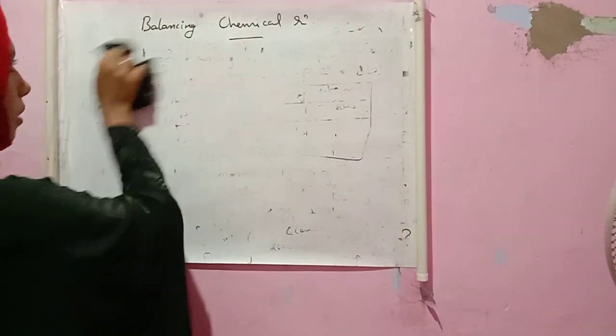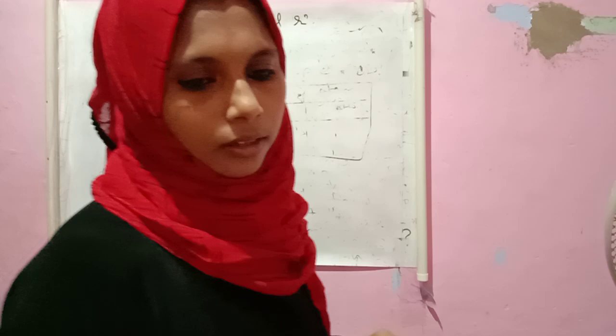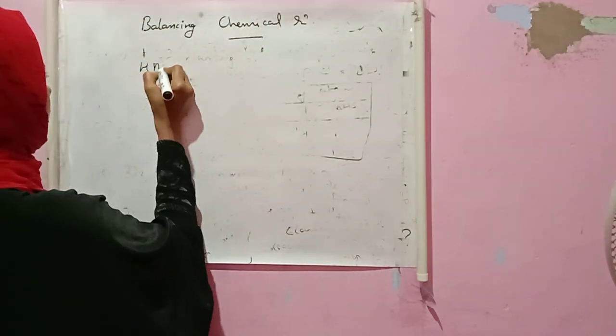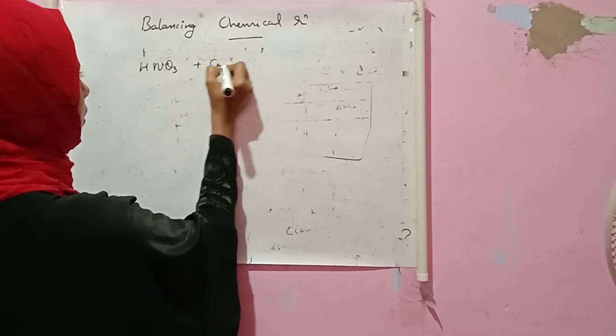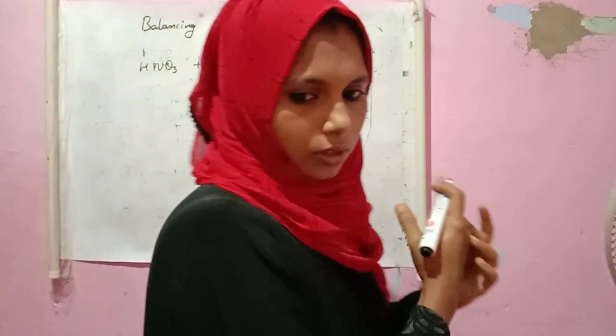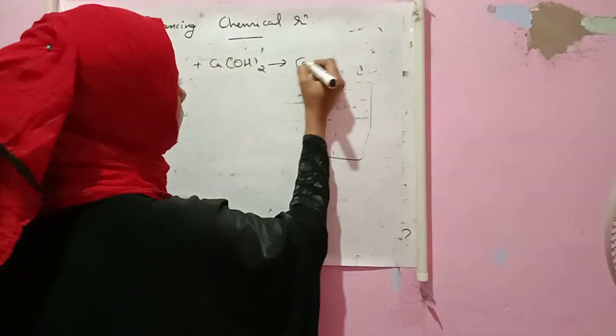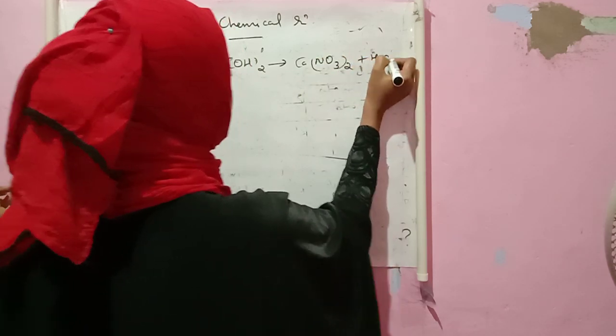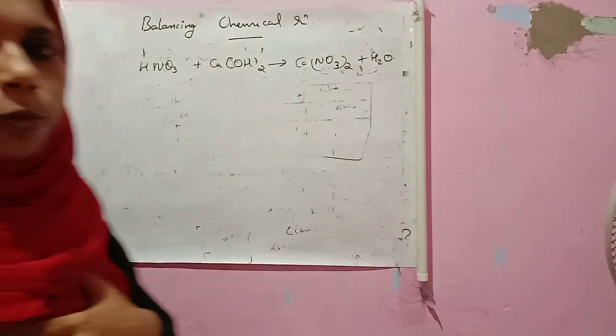Now we are moving to balance a chemical reaction: HNO3 plus Ca(OH)2 gives Ca(NO3)2 plus H2O. This is our chemical reaction and we need to balance it.